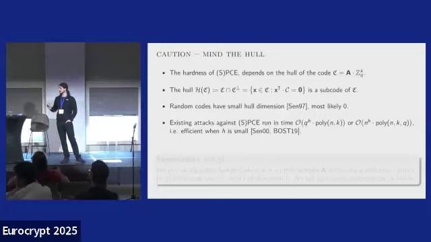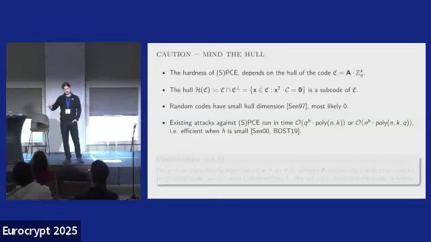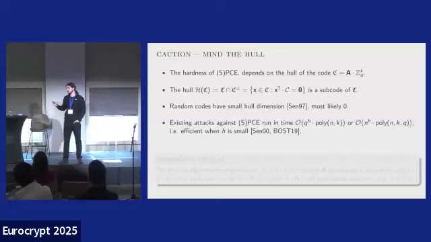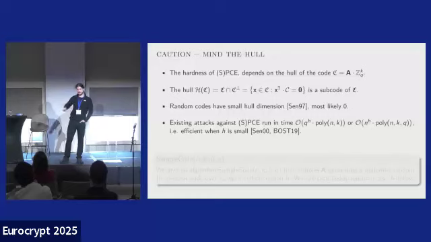If such a vector is also in the code's dual, so it's orthogonal to itself and to any other codeword in the code, and if there are enough of them, they form this subspace called the hull. It's a known fact that finding or deciding permutations between two codes essentially boils down to finding permutations between their hulls. So we have attacks that are exponential in the dimension of the hull, but polynomial in any other parameter. So we have to take care of this.